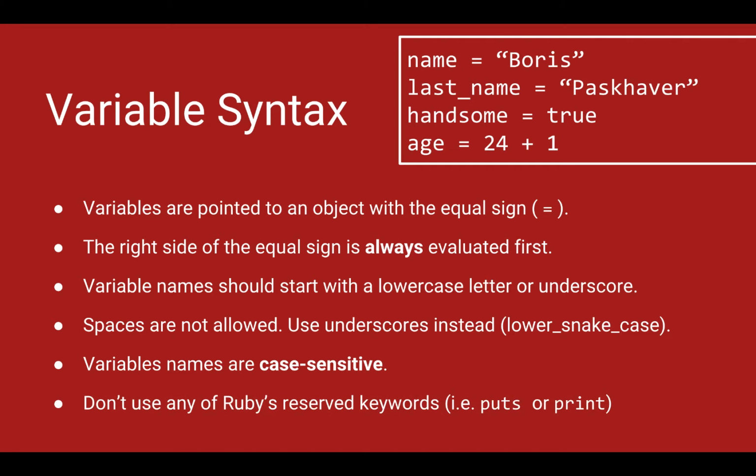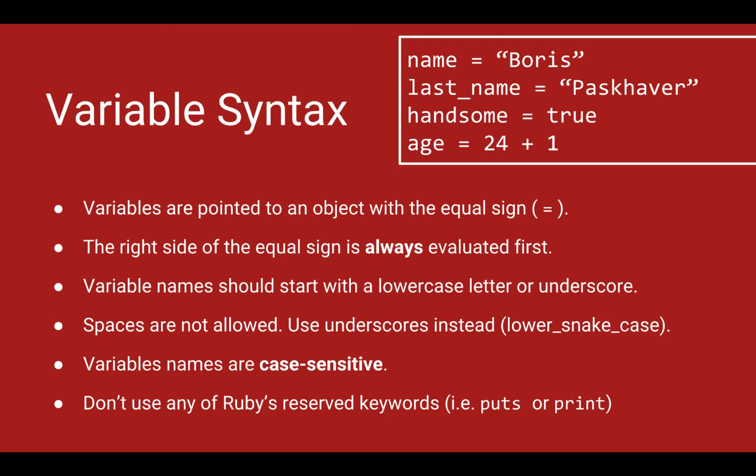So now, the last thing that I want to show you before we dive into the code editor is to not use any of Ruby's reserved keywords in any of your variable names. So far we've really only used a couple keywords or methods in Ruby. We've used puts or print and p. Basically, don't use those as variable names. We can see in the example above we use name, last_name, handsome, and age. I didn't name any variable print or puts or any of the other 40 plus Ruby keywords that exist in the language.